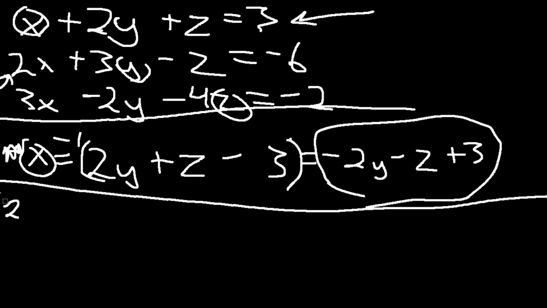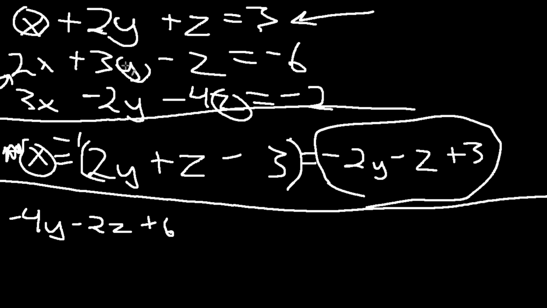So what we're looking at here is 2 multiplied by negative 2y, which is going to be negative 4y, and then 2 times negative z is just going to be negative 2z, and then we just have this 3, and of course 2 times 3 is 6, so just a positive 6 there.